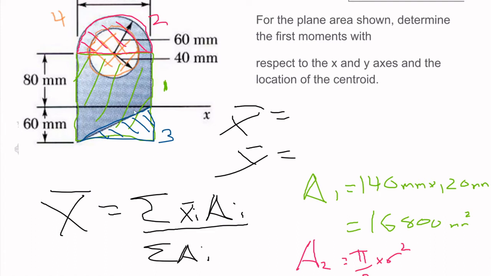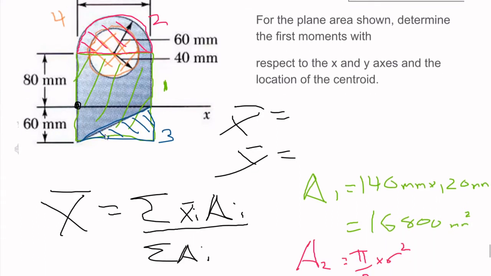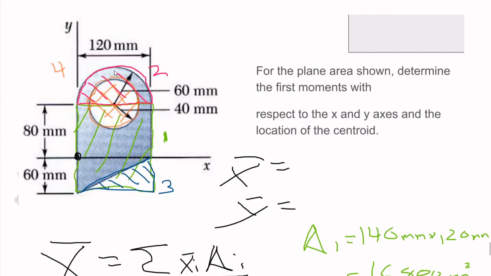The location of the centroid along the x-axis, since we have the origin right here, is going to be at 60 millimeters for all of these except for A3.